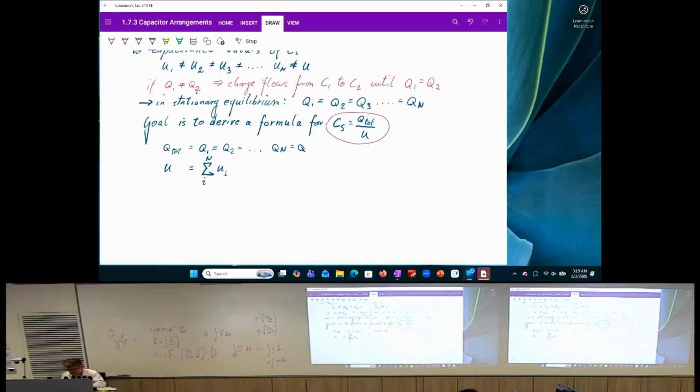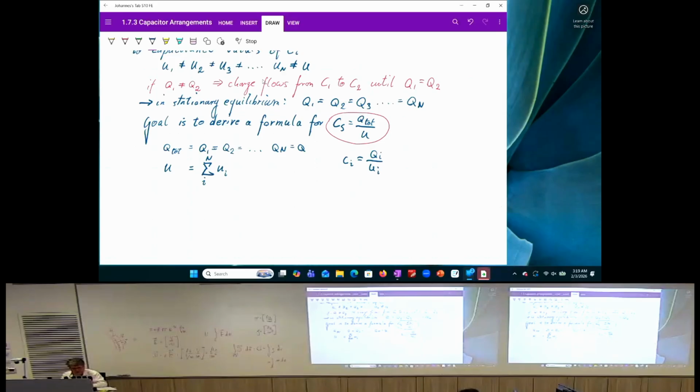And now, as usual, we have the standard formulation that the capacitance on the individual capacitor is Q sub I over U sub I. So you insert that here.